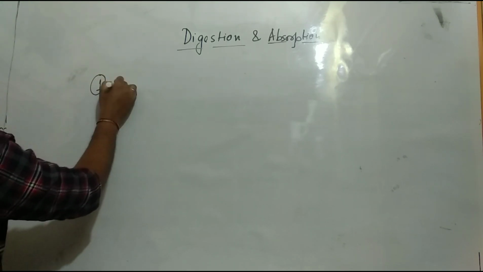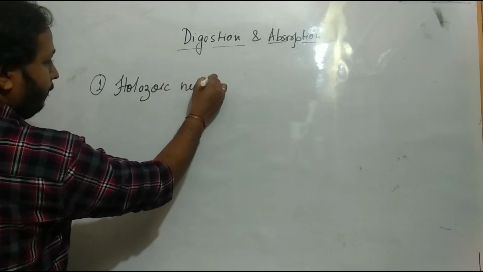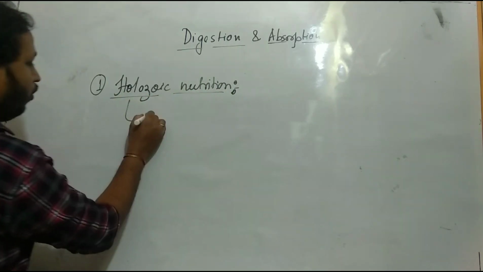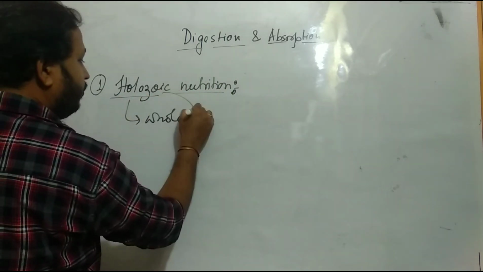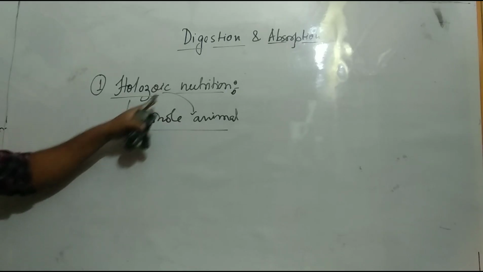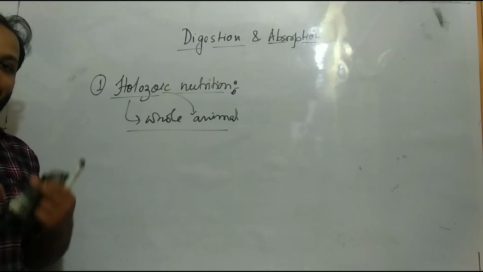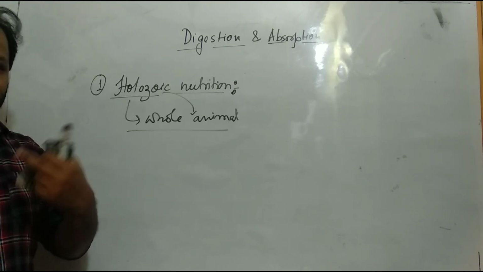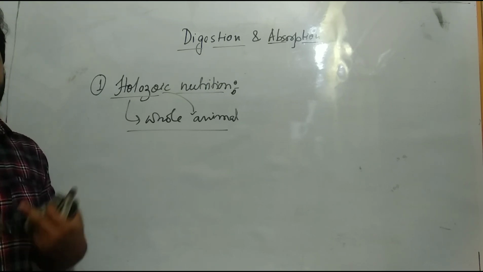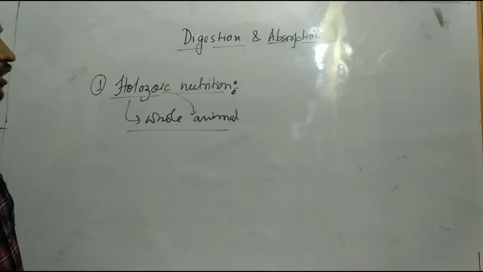First one is holozoic. Holozoic nutrition means holo means whole and zoic means animal. That means this group of organisms take food from the external environment, they ingest the food, then they digest the food internally, then they absorb the food, then assimilate the food, and lastly they eject the waste.